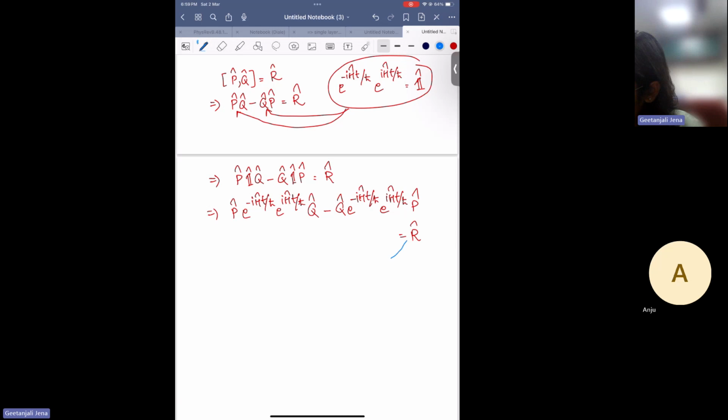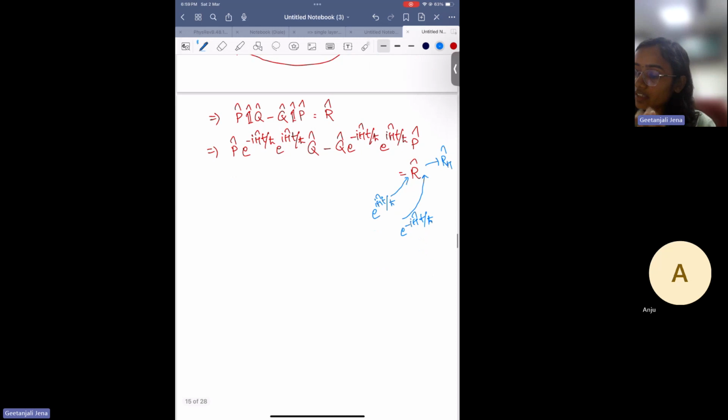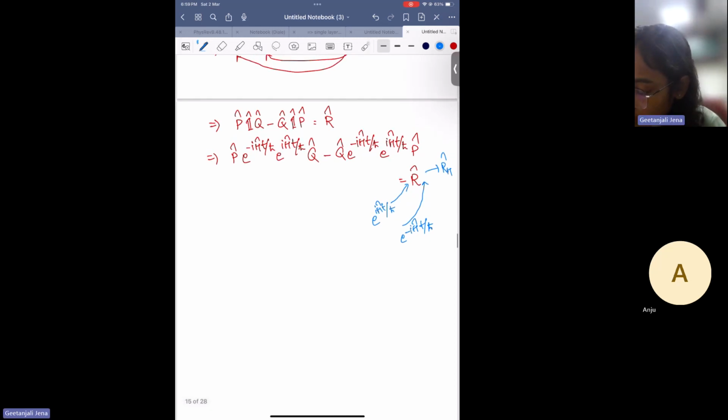Multiply the term e to the iHt by ħ here, and you have to multiply a term e to the minus iHt by ħ, so that the final expression is similar to the right hand side. So you have to multiply these two terms on both sides, so that the expression doesn't change even after the multiplication.